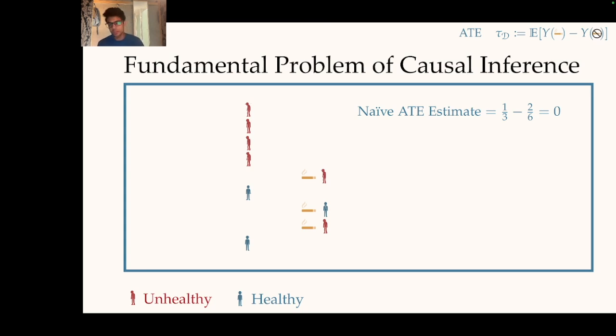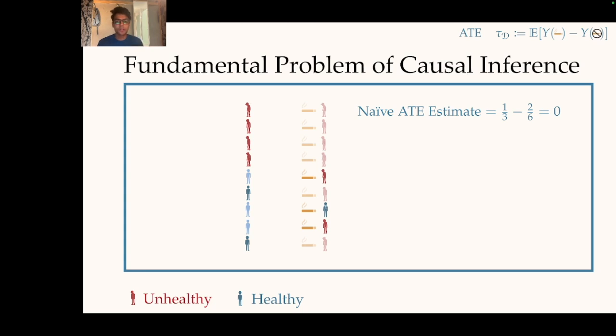This does not feel correct, plus this approach is fundamentally wrong because the choice of whether an individual smokes is in general not IID, is not randomized, and instead is determined by different covariates of the individuals.